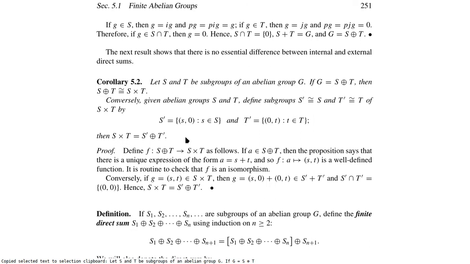So this is bijective, and to check that this is a homomorphism is also trivial, because you take two elements, A, B. If A is equal to S plus T, B is equal to P plus Q, F of A gives you the ordered pair ST, F of B gives you the ordered pair PQ.